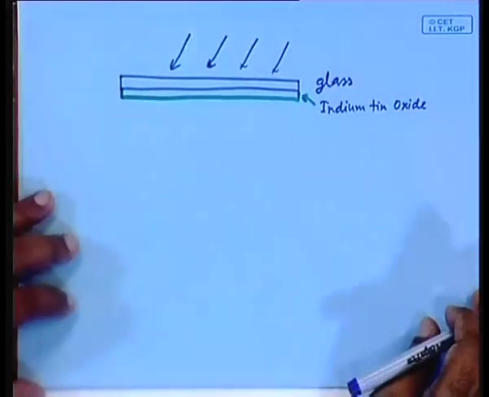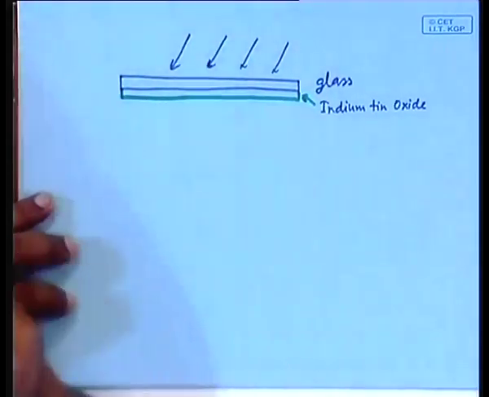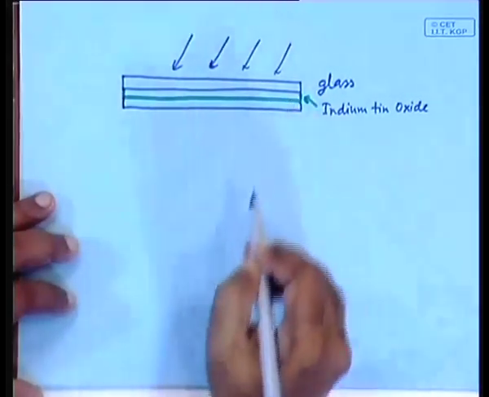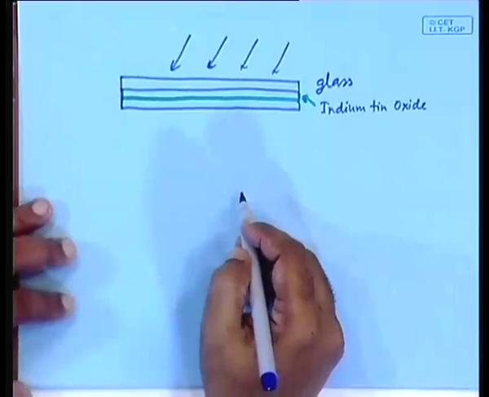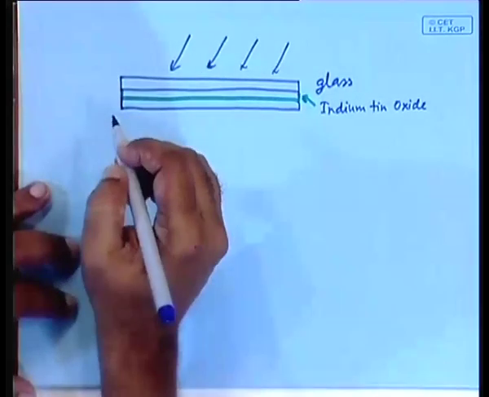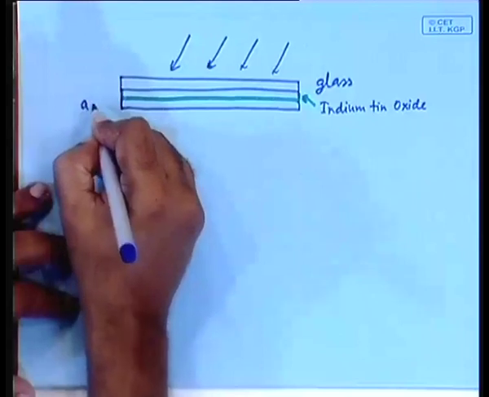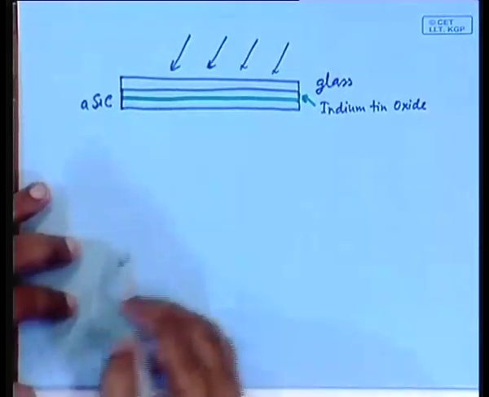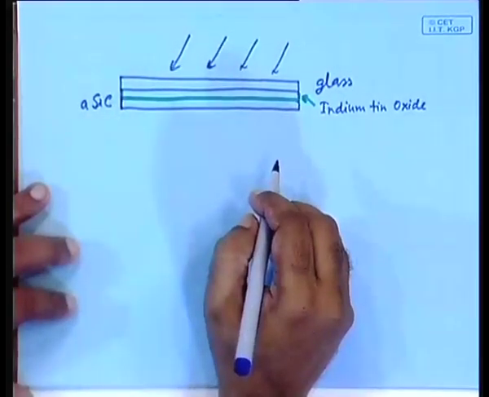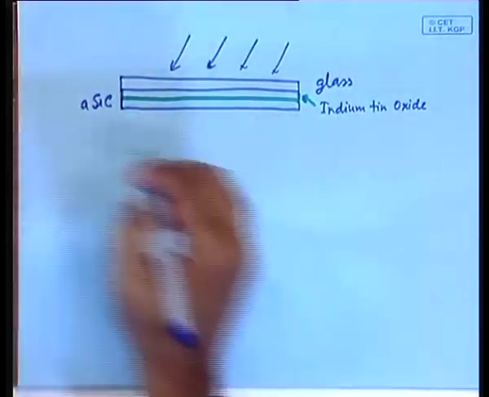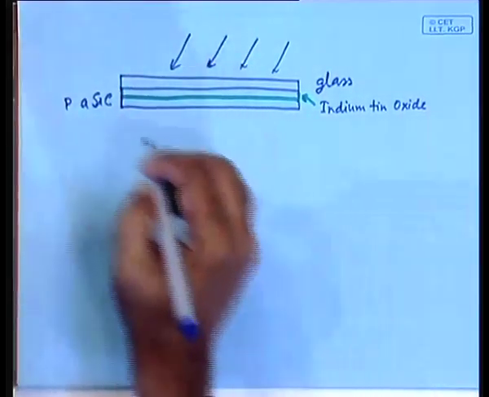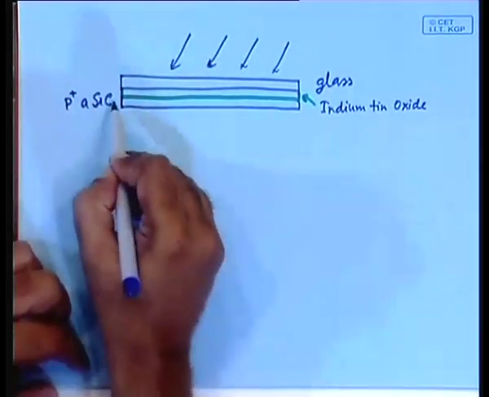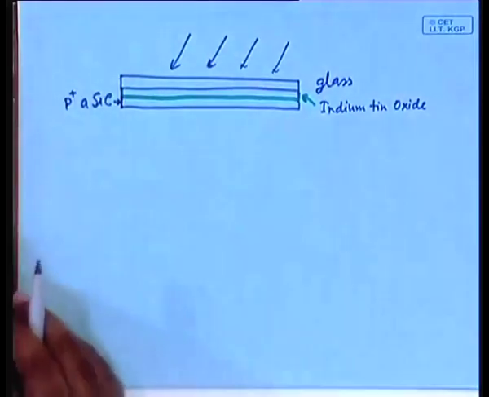Below that you have a layer of amorphous silicon carbide, which acts as the P layer, not the N layer. So, it is P or maybe P plus I can write. So, here is the silicon carbide layer.